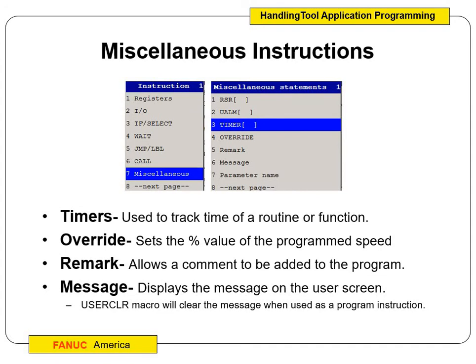So timers. Very, very important. We'll do it in PLC class. We've done it in digital electronics. We can use timers to keep track of time for a routine or function. We can also override, so we can use a register to set a specified speed. I kind of do that for you when we use the DCS. The DCS is a master override for speed.